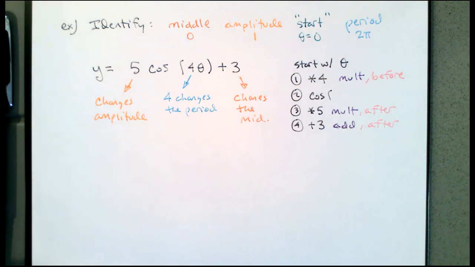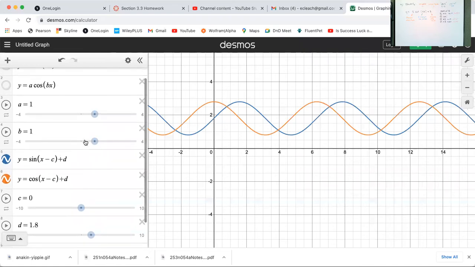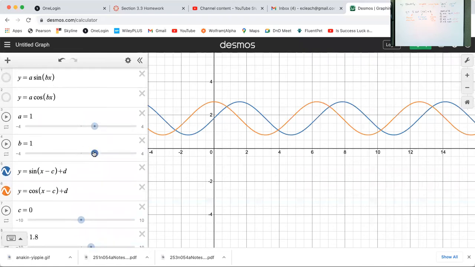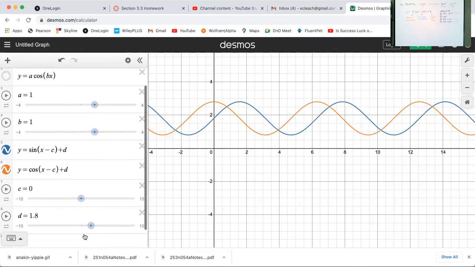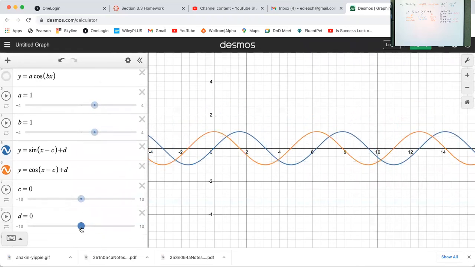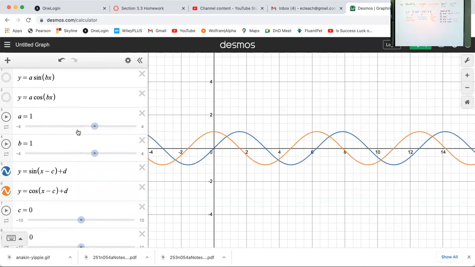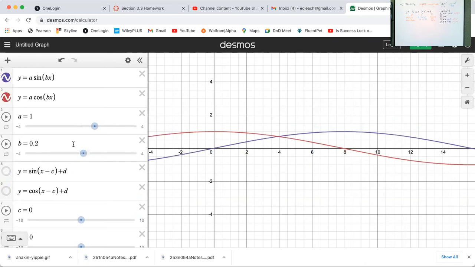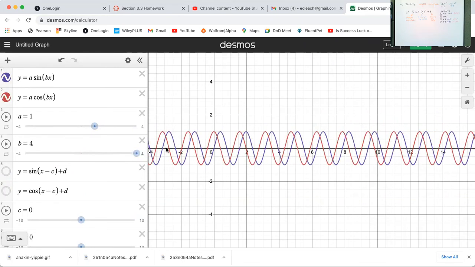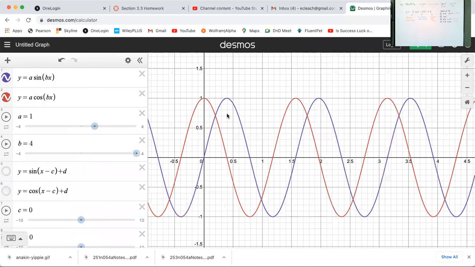So if we jump back over to the graph, if I change the value of b to 4, let's drop these down to 0. If I change the value of b to 4, oh, I turned those graphs on. Heck. If I change the value of b to 4, then the period is now pi over 2.